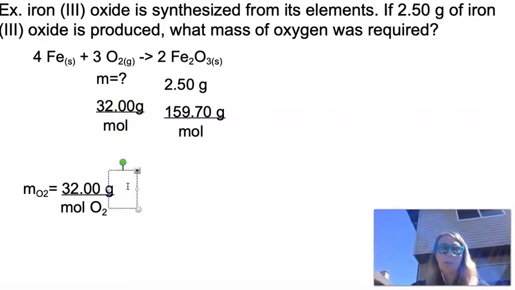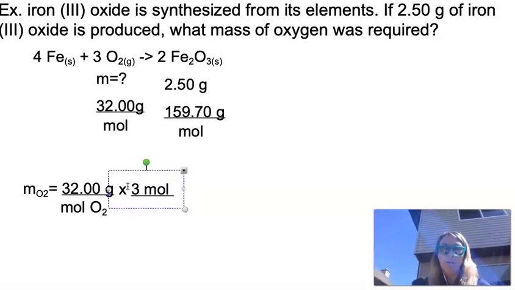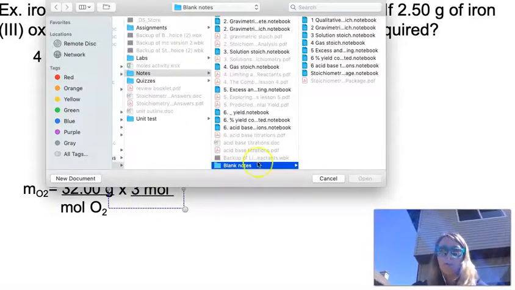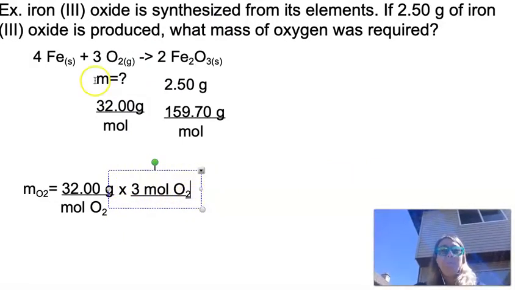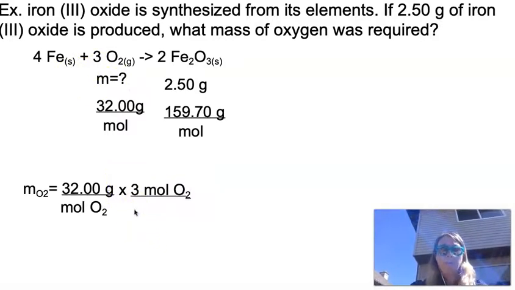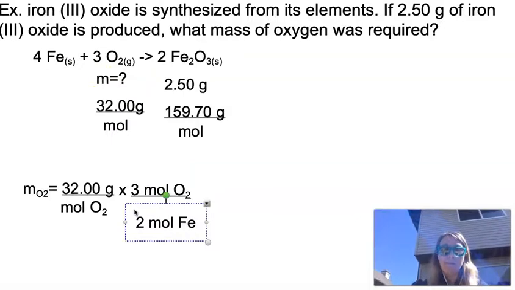So that's where we're going to use our ratio, right? Remember we talked about how every question is going to have a ratio in it. So 3 moles of oxygen goes on top so that I can cancel out, oh, what did I press there? I have no clue. Sorry. So 3 moles of oxygen on top because we have 3 in our balanced equation, and that is going to go over our 2 moles of Fe2O3.